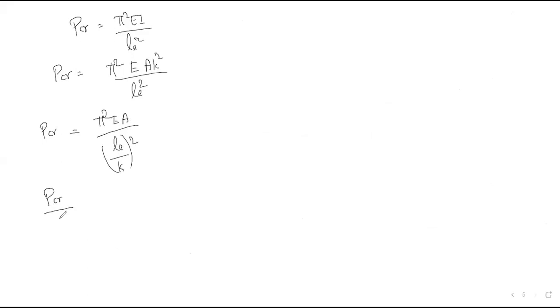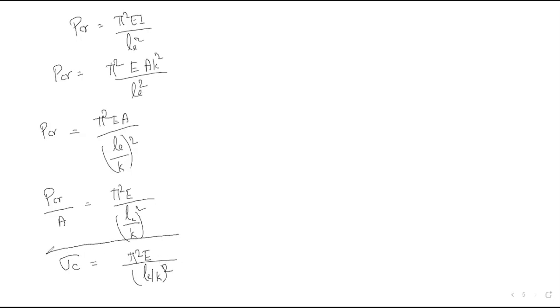So PCR by A, load by area, is equal to stress, pi squared E by LE by K the whole square. So this is nothing but sigma CR. Sigma CR is equal to pi squared E by LE by K the whole square.